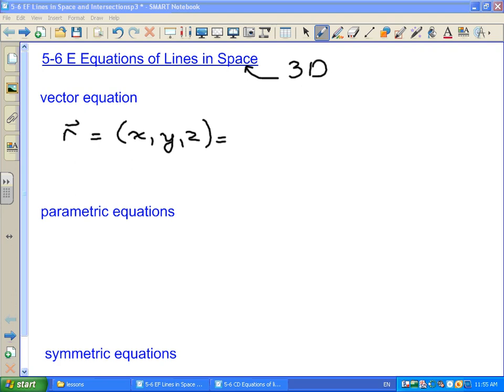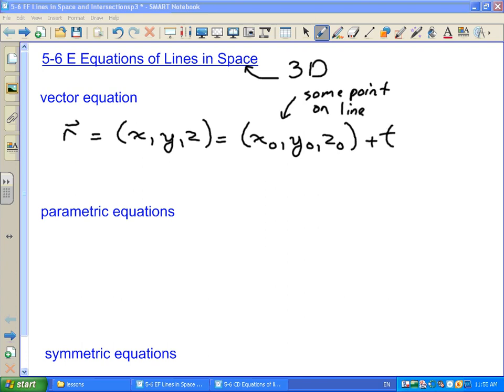And this can be made up of some point that we know is on our line. We'll call it x naught, y naught, z naught. So this is some point on the line. Plus t times this, t again is our scalar, times a direction vector, which we'll just call a, b, c.